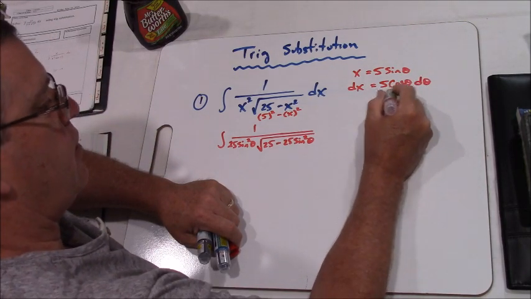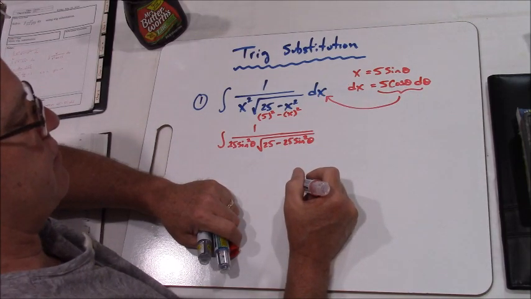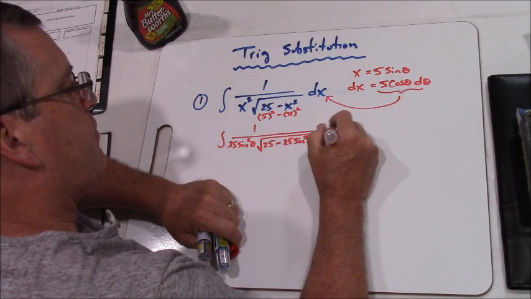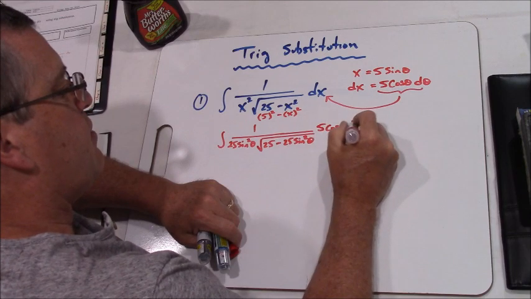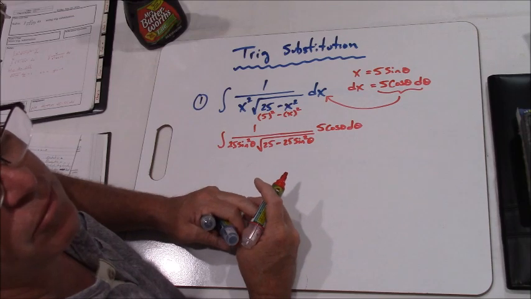So I need to take all of this stuff and put it in place of that right there. So now I've got 5 cosine theta d theta. And supposedly we just made an easier problem, right?